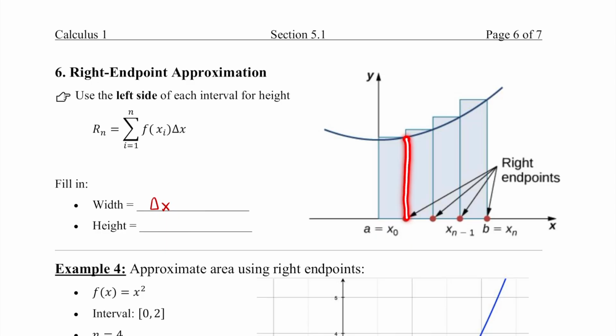This gives us the length of the first rectangle, which is f of x1. To find the length of the second rectangle, we start at the right endpoint and go straight up. This is f of x2.